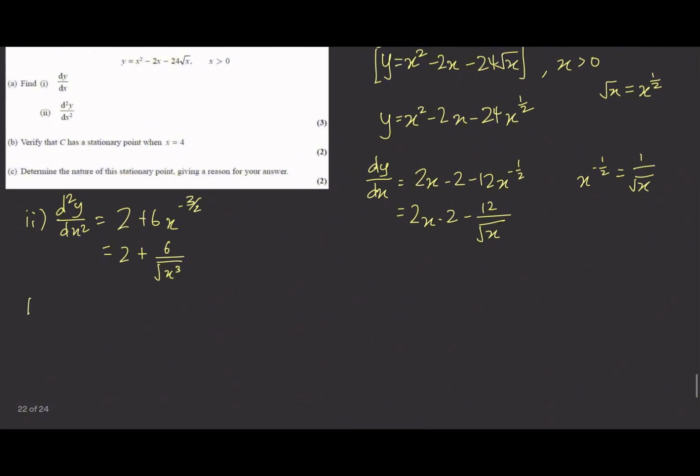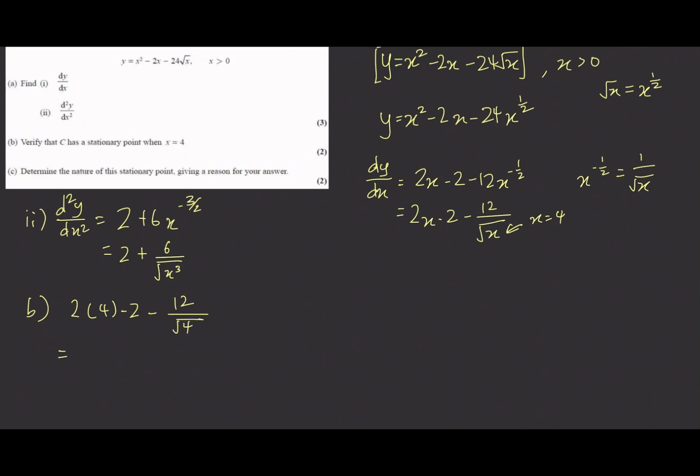Okay, for B, verify that C has a stationary point when x equals 4. So we input x equals 4 into the first derivative: 4 minus 2 minus 12 divided by square root of 4.